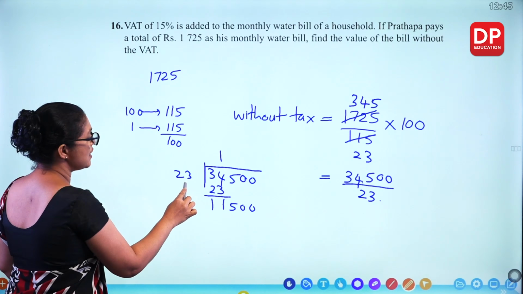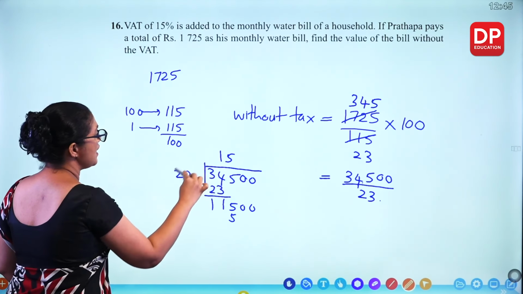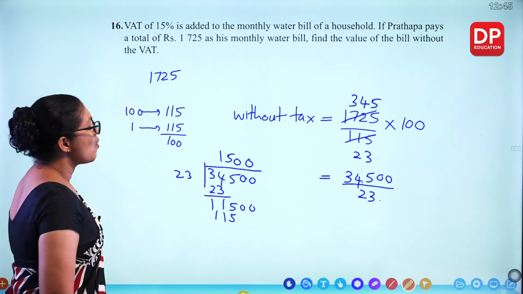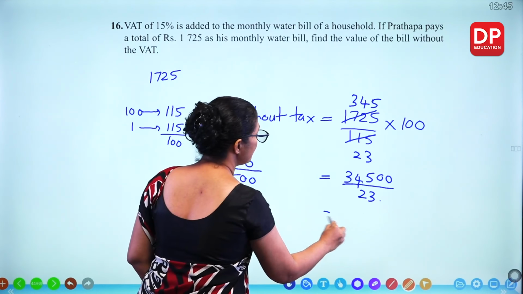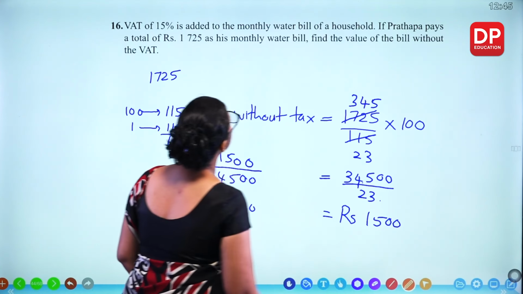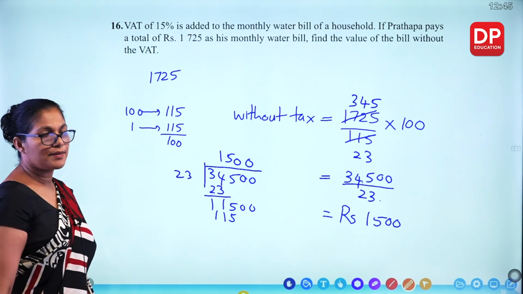For 115, this is 5. 5 times 3, 15. 1 remaining. So 11. So the value is 1,500. So the water bill without the tax is 1,500.